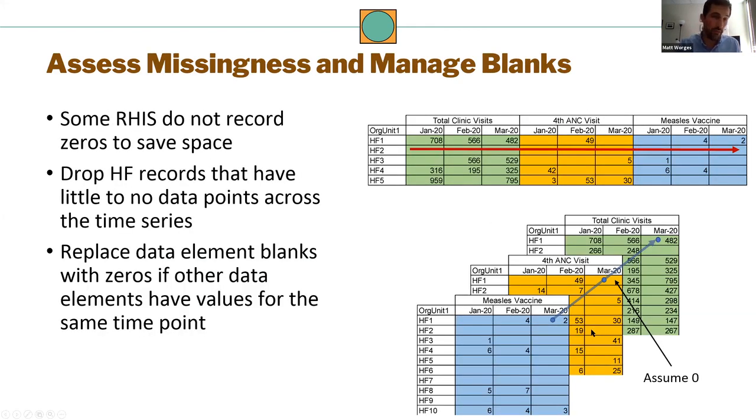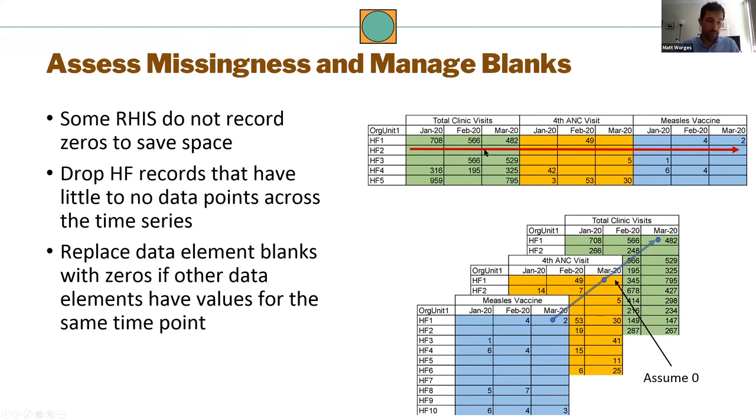So like I mentioned, some information systems do not record 0 counts in order to save space. At least with the DRC data, there are inevitably health facility records with no data across a time series depicted here. And I just dropped these records straight away.